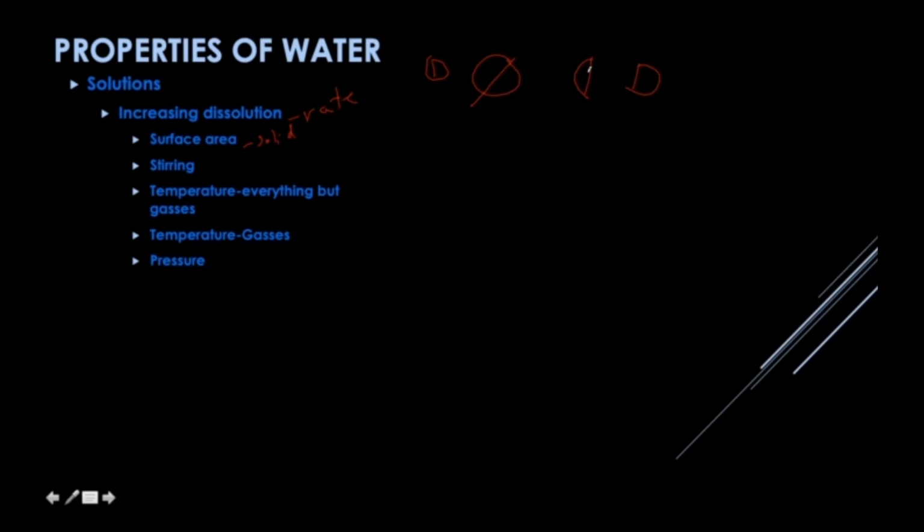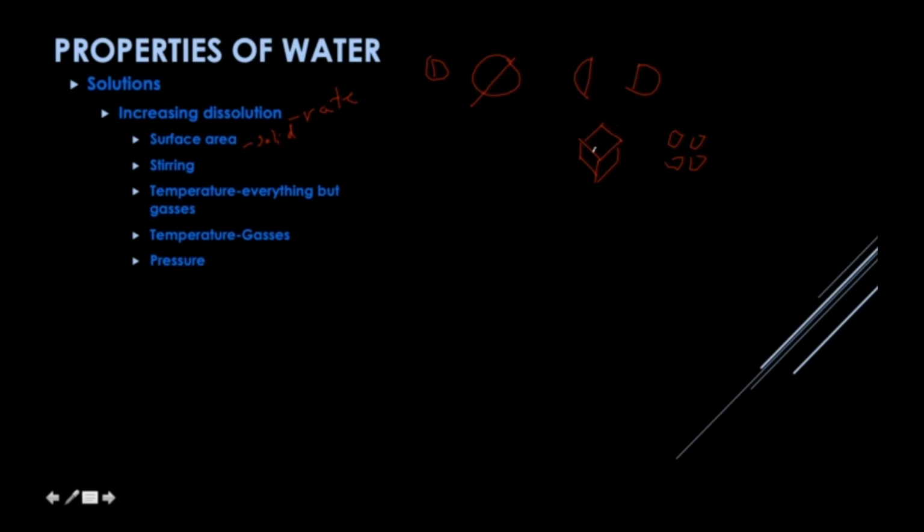So when you have this, as you increase the surface area, so let's say you have a sugar crystal right here, if you pulverize that and you make small sugar parts, you have way more surface area in the granulated sugar than you do in a cube of sugar.